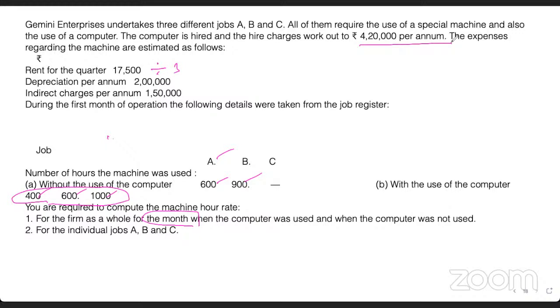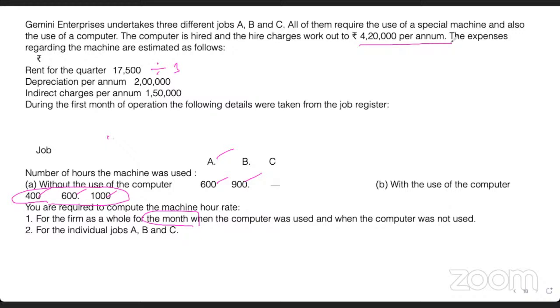So total overhead for A: 6,000 plus 11,000 is equal to 17,000. For B: 9,000 plus 16,500 is equal to 25,500.